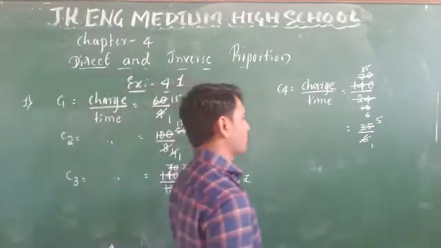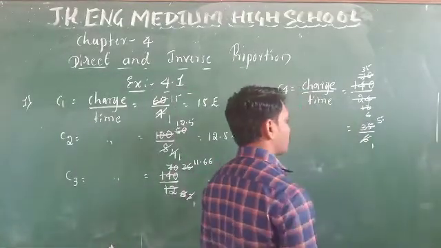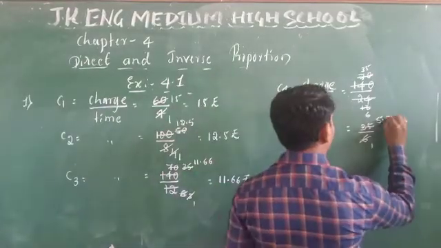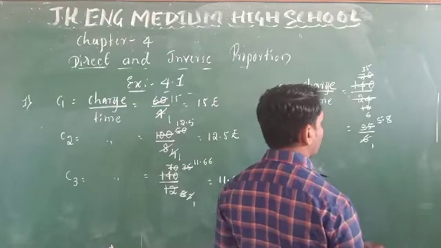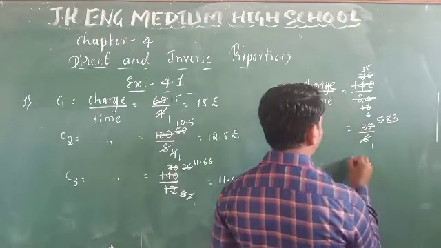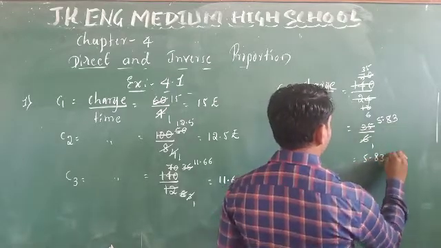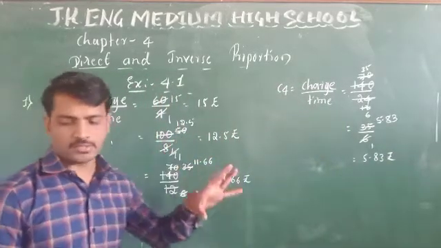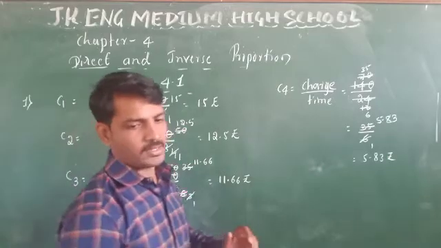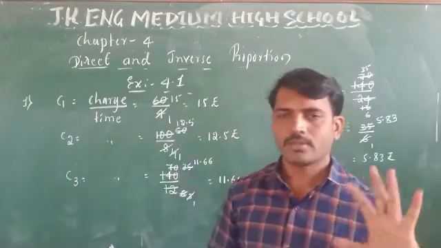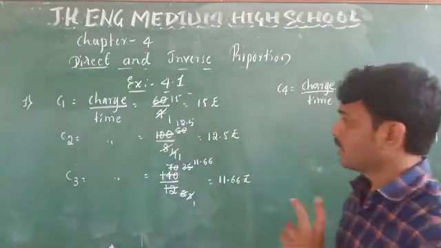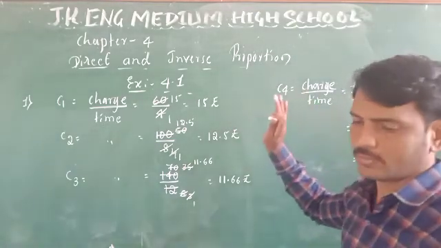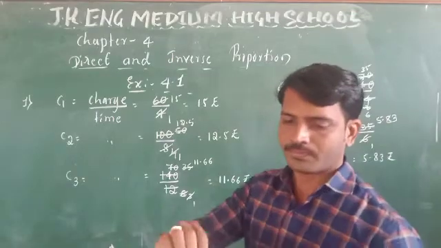Remaining 5, it will become 50. 6 8s are 48. Remaining 2. 6 3s are 18. 7 rupees 50 paisa. These are the charges of different cars in the railway station. Understanding? C1, C2, C3 and C4. Okay, children, better answer.